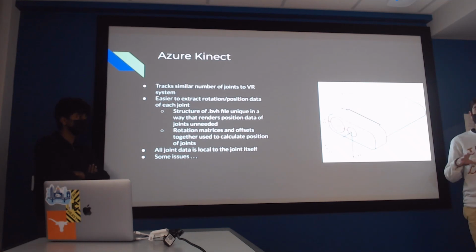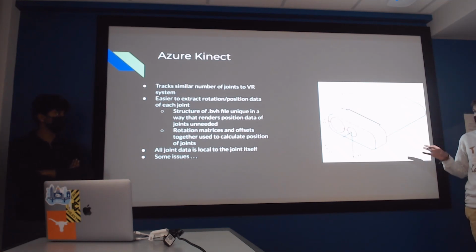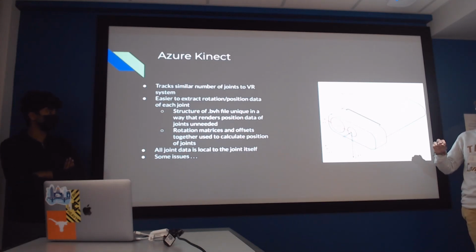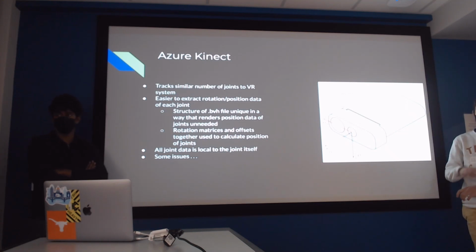It doesn't actually contain any position data except for the root, which is the hips in this case, but it contains offsets, which are basically bone lengths, and rotation matrices. Both of them are used to calculate the positions of each joint.